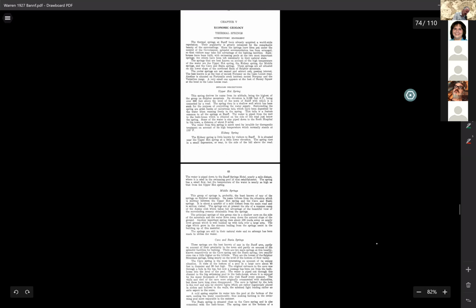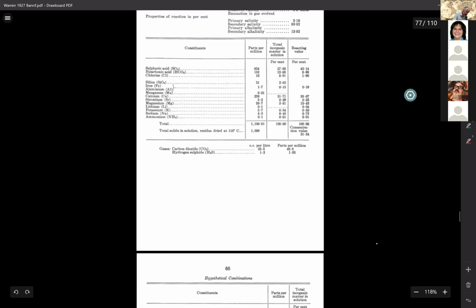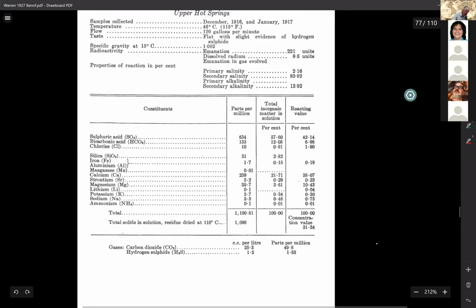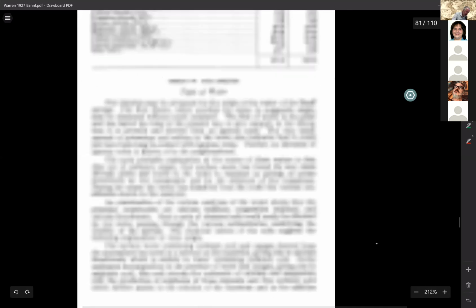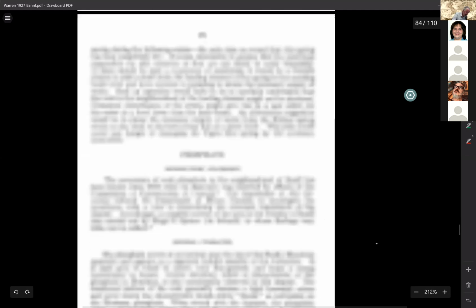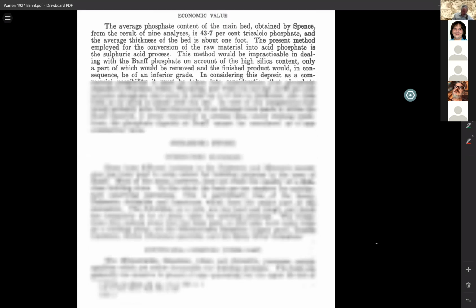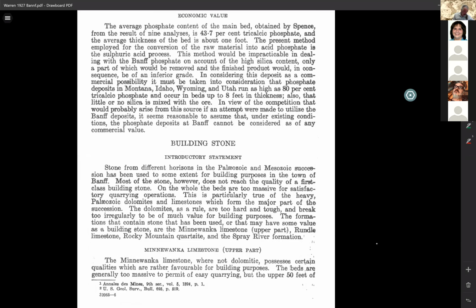I'm just moving on to the end here. There's some compositional data, but we're not going to worry about that. We're just going to go to the fossil pictures. Building stones.